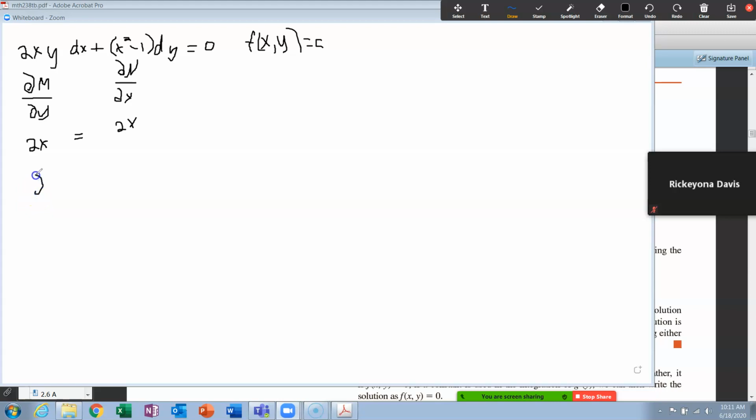We're looking for the f. F is not going to be your solution, but it helps you get your solution. The partial of f with respect to x. Curly D's are hard to write. That this is supposed to be your M. That thing right there, 2xy.